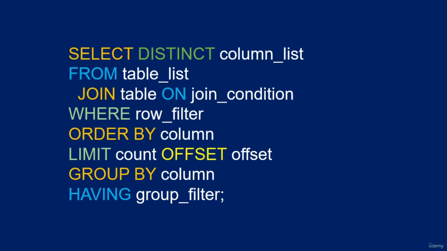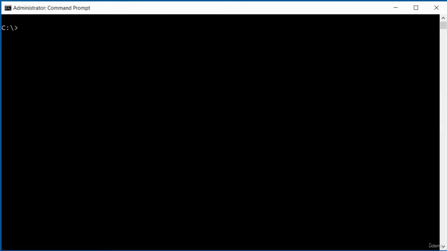You then use the having clause to filter the groups. So these are some of the clauses and keywords that you may use in combination with a select statement to interrogate the database. So let's quickly write a basic select statement.